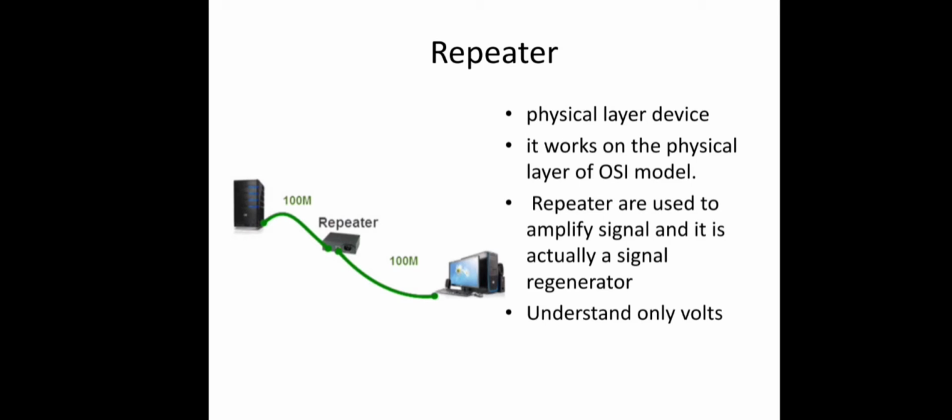That is, if the corresponding signal is changed to 1 volt due to some attenuation, it will change into 1.8 volt itself, restoring the original values. That is the functionality of this repeater. It will not understand anything like frames or packets, but it understands only volts. It will sense the voltage levels and reproduce the corresponding original levels.